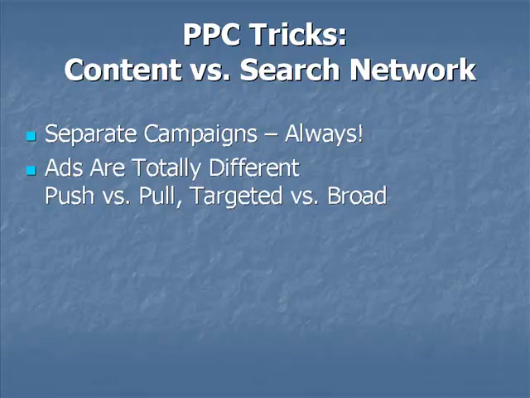Now one of the main reasons that you want to separate your content versus search is that the ads you write, or should be writing, for the content network versus the search network are completely different. Search ads are highly targeted.